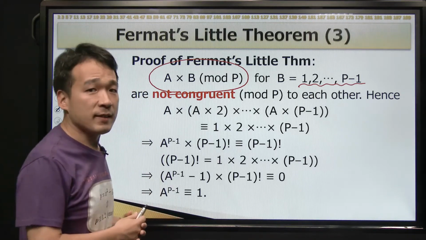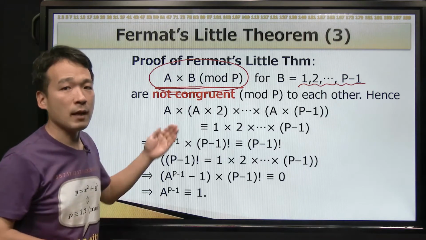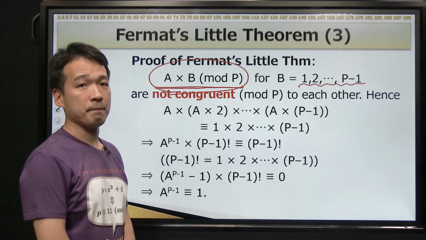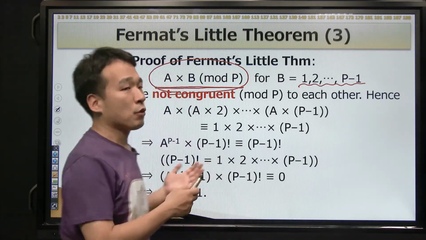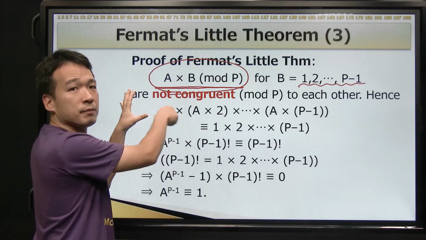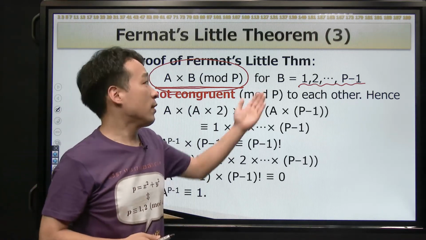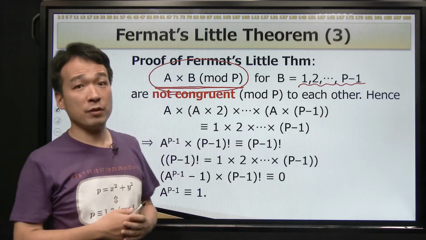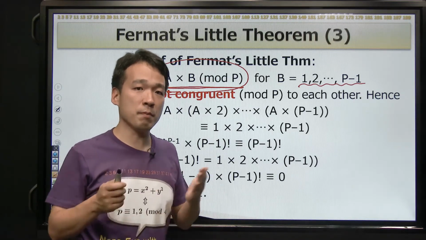We have already seen these numbers are not congruent to each other modulo p. Therefore, if we take the product of all the a times b for varying b from 1 to p minus 1, it is congruent to the product of all integers from 1 to p minus 1.